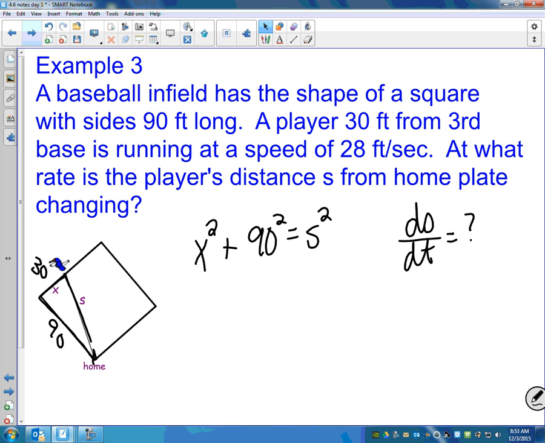Take the derivative. The harder part in the story problem sometimes is coming up with the equation.